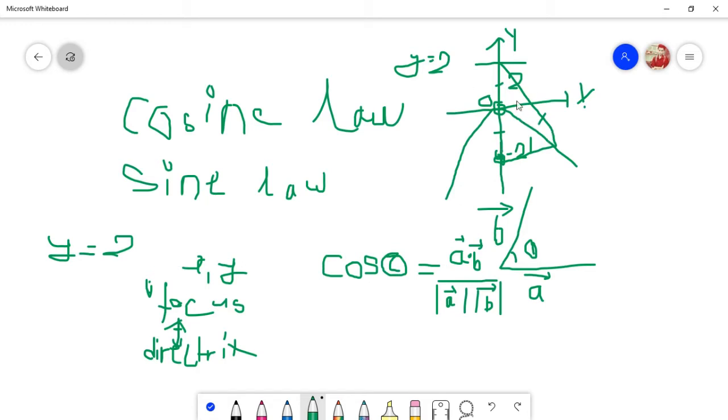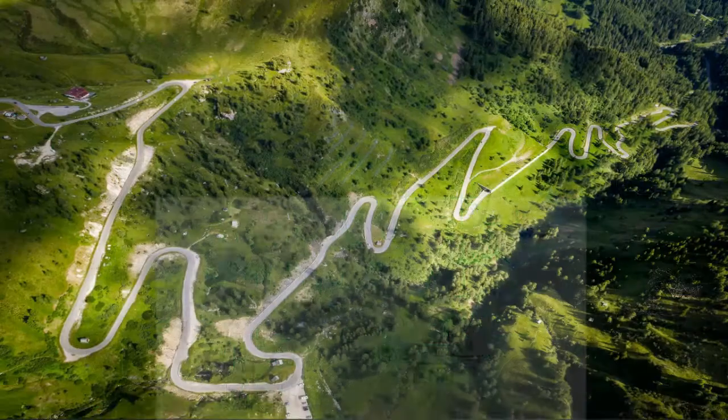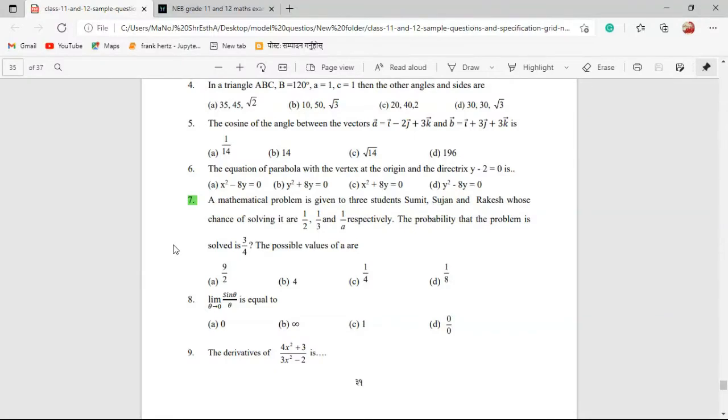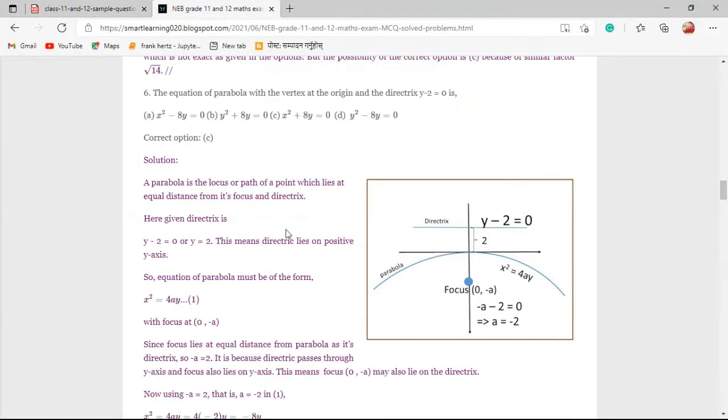It looks like this is how the parabola is. This is the figure. The directrix is this and this is the focus. This is how the parabola looks.